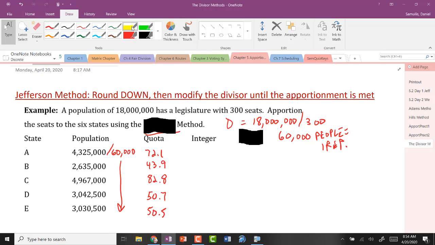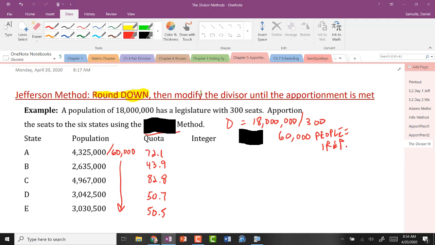I'll tell you what a divisor method means in a minute. It's the same for the other two methods except for step one, how they decide to round. But a divisor method is not what we had last week. Hamilton and Lowndes are called quota methods.